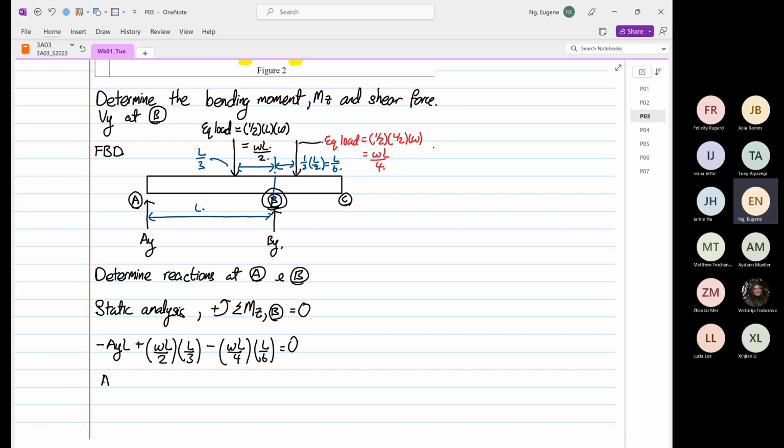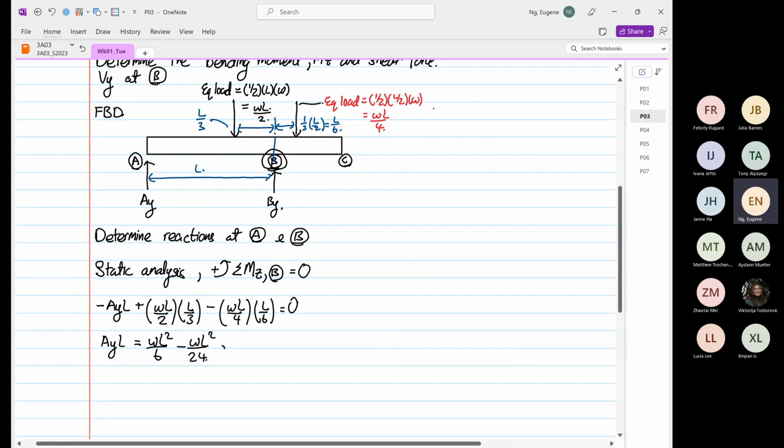So we have AY L is equal to, trying to get my calculator now. So we will have omega L squared over 6 minus omega L squared over 24.